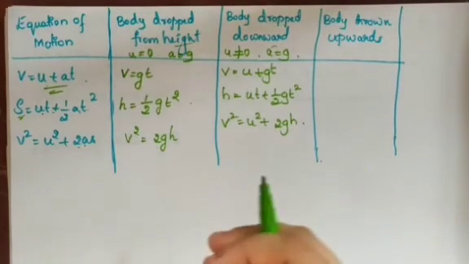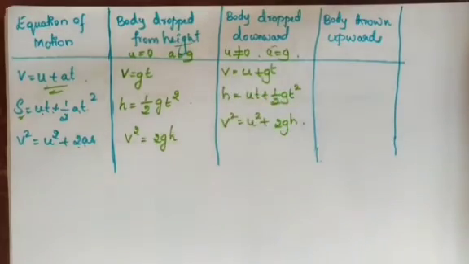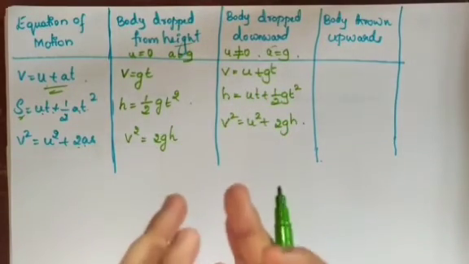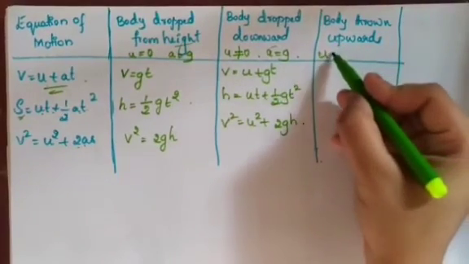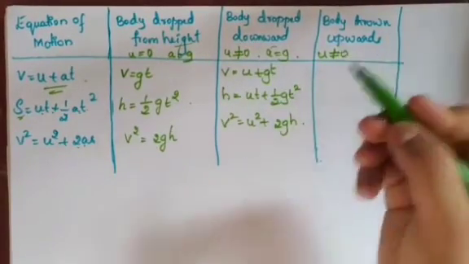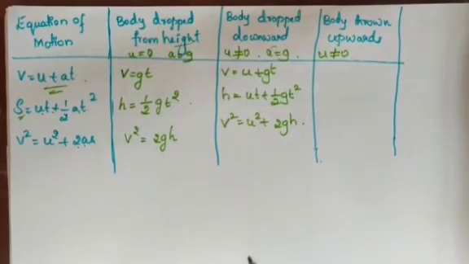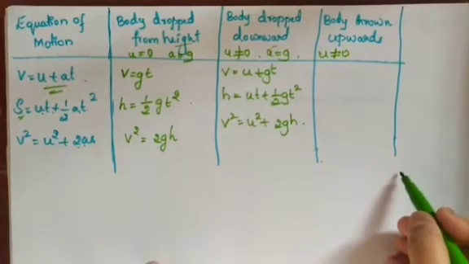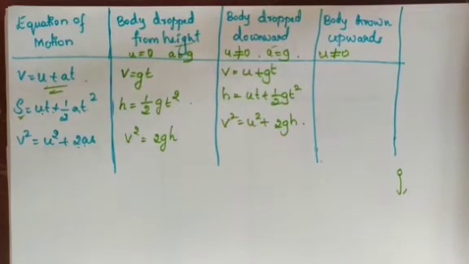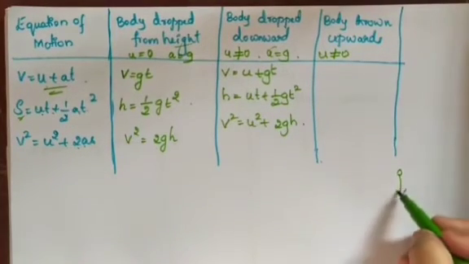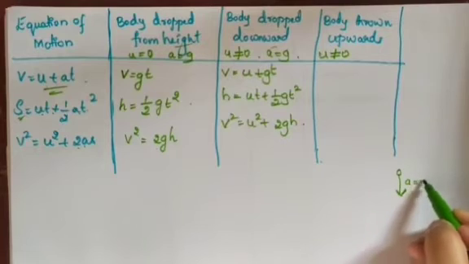Next, the body which is thrown in the upward direction. The initial velocity will not be zero; there will be some initial velocity whenever you throw an object upward. And what happens to the acceleration? When solving problems, if the body is thrown vertically downward, the acceleration A is taken as positive.